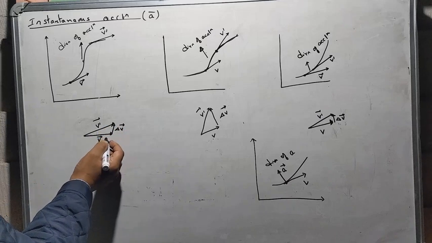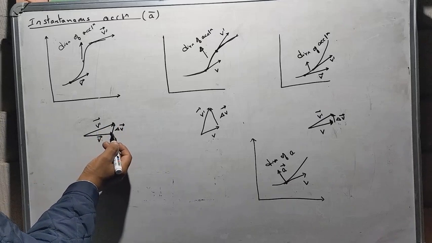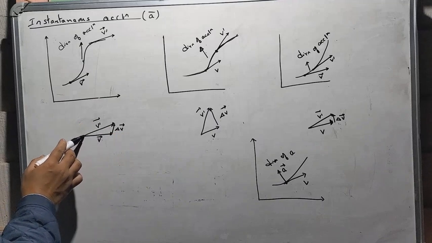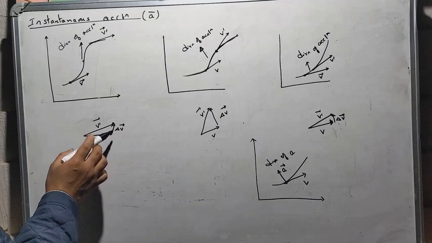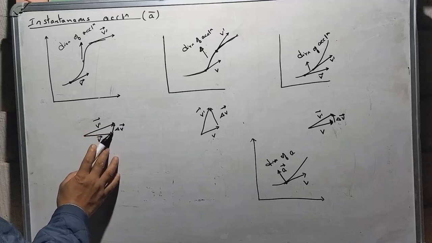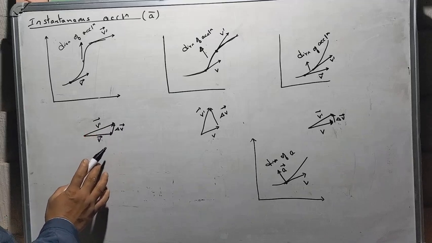So from the tip of the first vector we draw a vector, right, till it touches the tip of the second vector in this way. So this is my first, this is my second, so we start from the first to the second, so we get this is the change in velocity delta V.